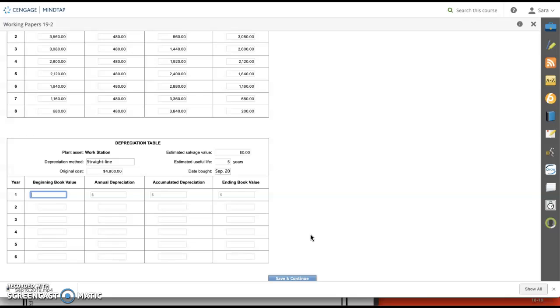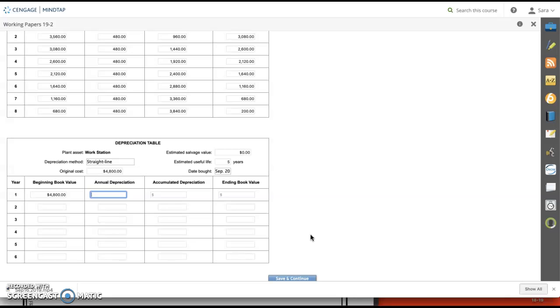So this one we'll have to do a little bit different because we didn't buy it at the beginning of the year, but our beginning book value will still be what they gave us, so $4,800. And then our first year's depreciation will not be the full amount, but we still calculate it the same way.